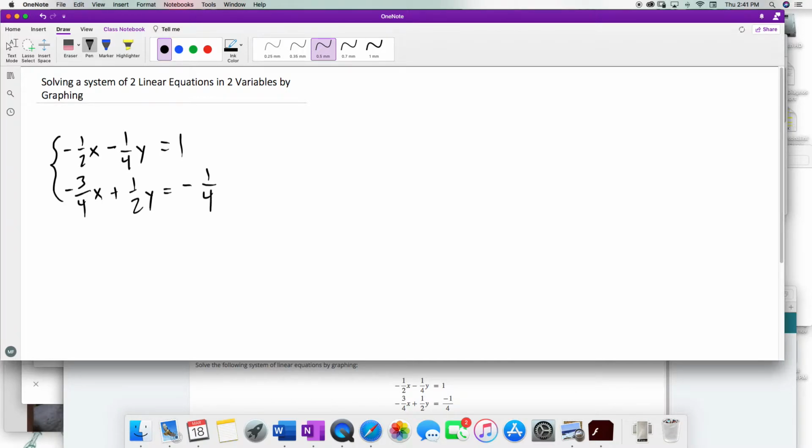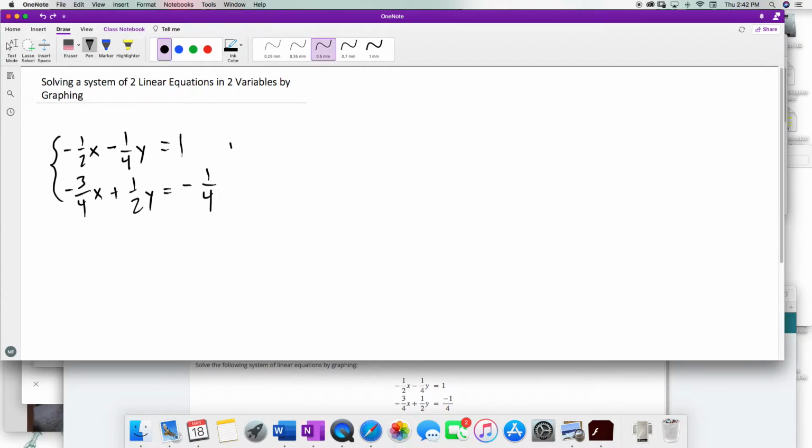You may notice that in the actual problem we're given negative 1/4 for that last equation on the right side, but that is equal to negative 1/4. Okay, so back to the actual problem here. So we're going to write these in slope-intercept form.